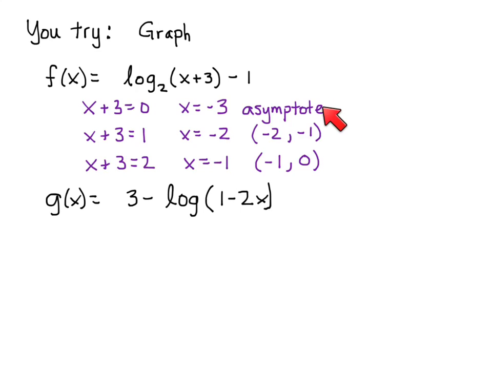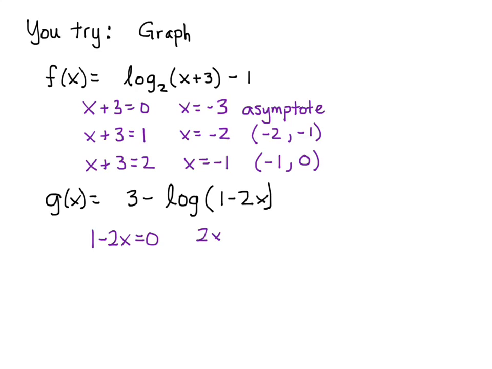X equals -3 is the asymptote. -2, 1 is one point because -2 plus 3 is 1, so it just turns out to be the -1 from the function here. And then we make it equal to the base, which is 2, and we find that -1, 0, because this will be 1 minus 1, 0.